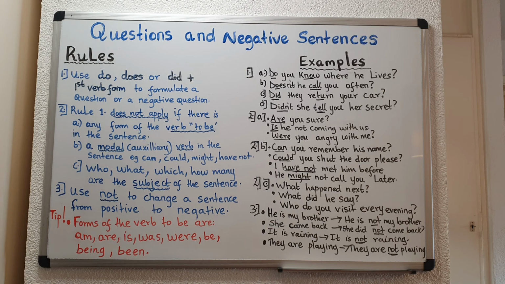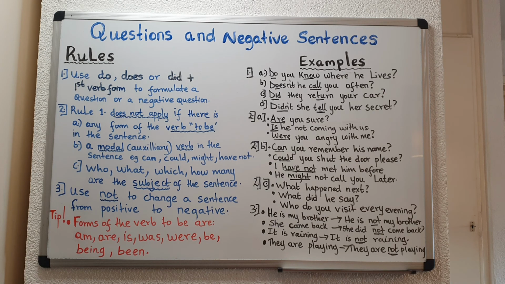I'll change that to a negative question. Can you not remember his name? The next one, could you shut the door please? Will become, could you not shut the door please? Then the next one, I have not met him before, is already negative. The next one, he might not call you later. That is already negative because we have the word not.